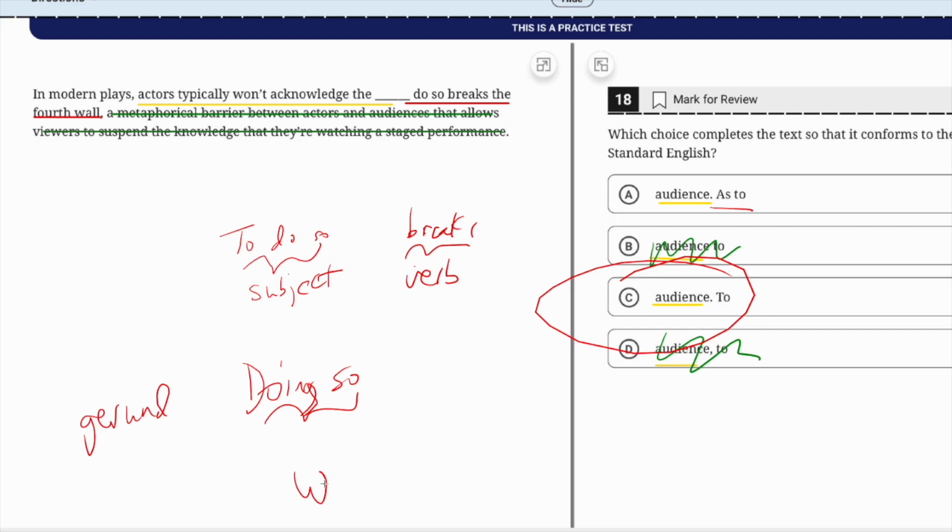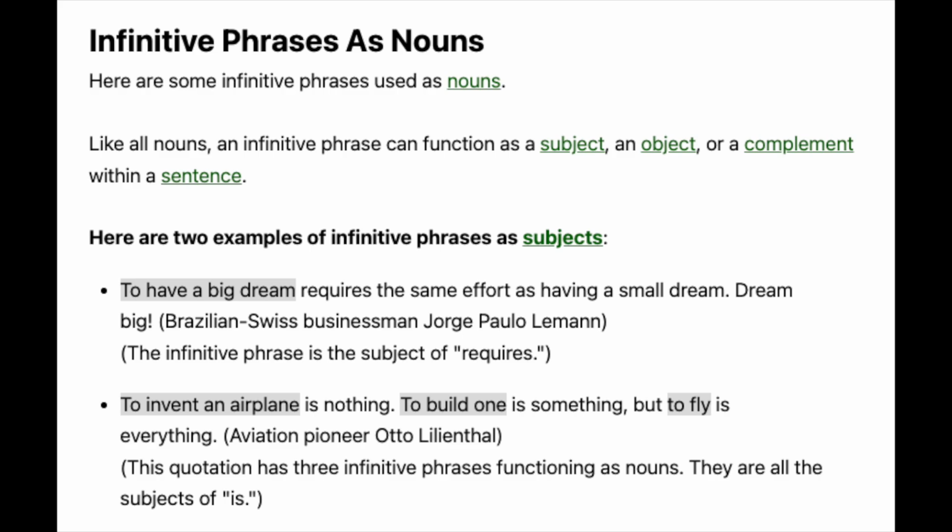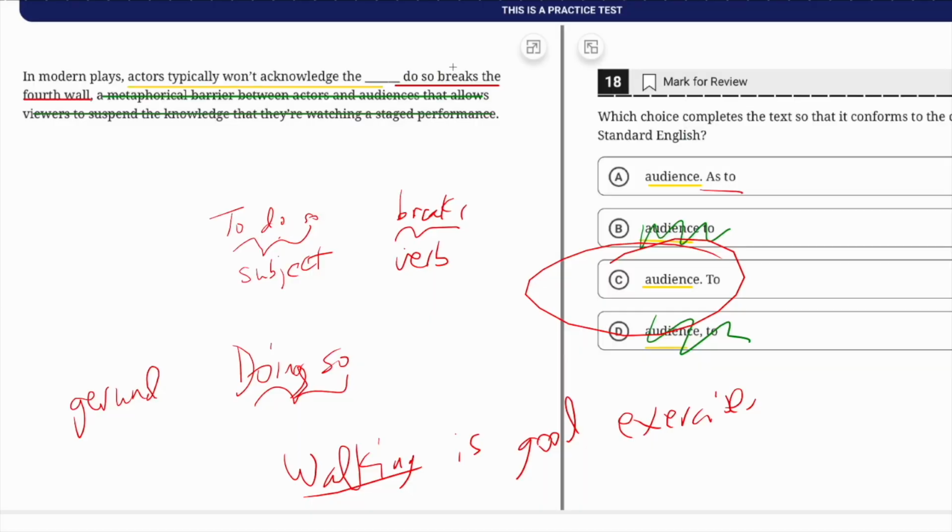So if I were to say walking is good exercise, well, our subject here is walking. And we could also say to walk. I mean, it's a little awkward, to walk is good exercise. We could say more about this, but that's our subject in the red portion. And so we do have multiple independent clauses, so our answer choice would be C.